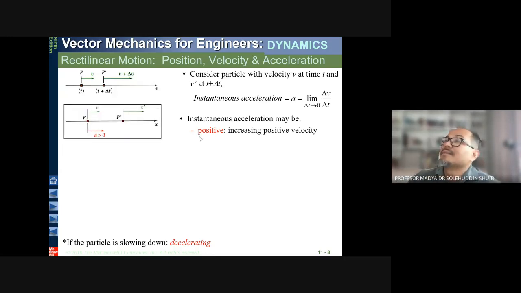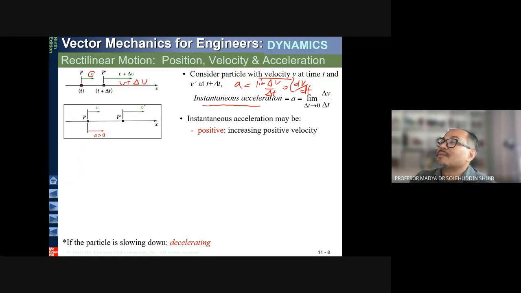We have just now the value of x. Now we substitute this with the value of v, particle with velocity v. So v, and then here v plus delta v. Okay, and then going to have the instantaneous acceleration. So a equal to limit delta v over delta t. So this is what? dv dt.